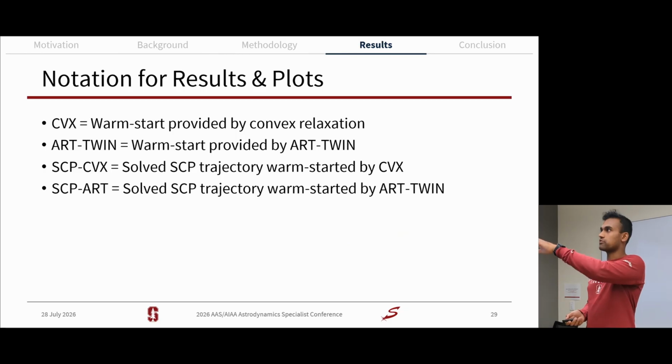So just some quick notation for the upcoming plots. SCP-CVX is the solved SCP trajectory warm started by that convex relaxation, and SCP-ART is the solved SCP trajectory warm started by ART twin.